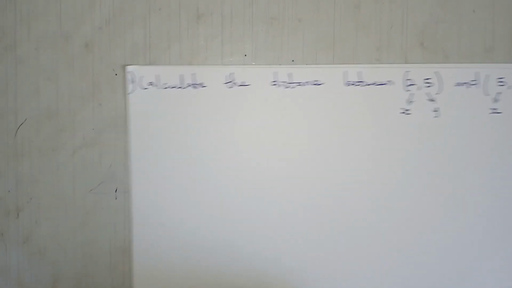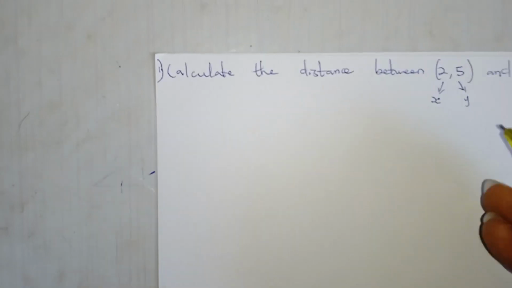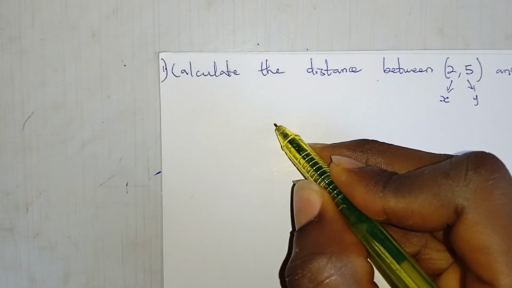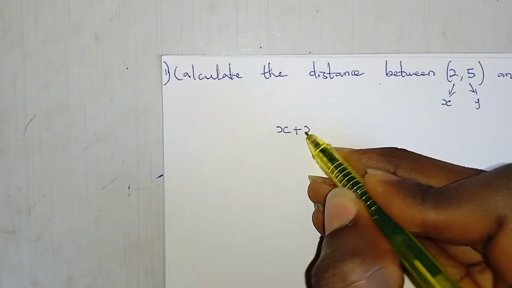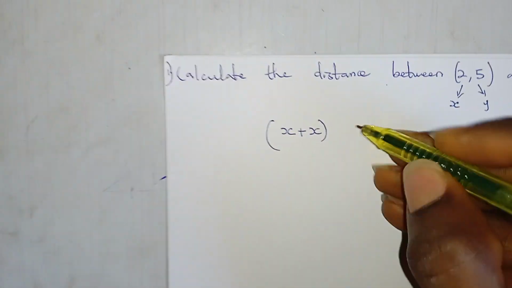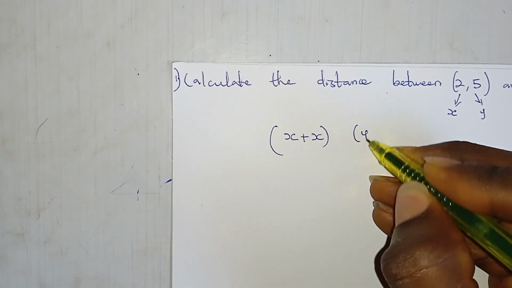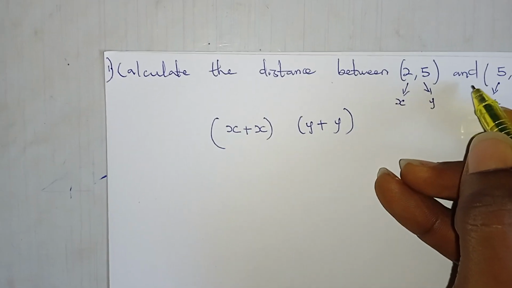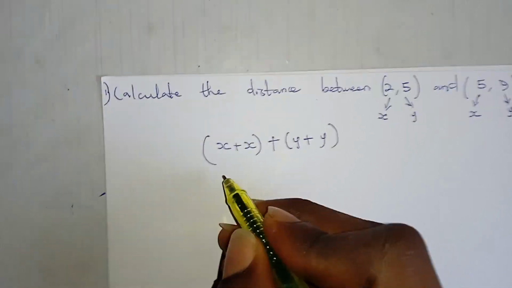Now, if that be the case, it simply means that this is the sentence saying x plus x, then y plus y. Then there's an "and" here, which means add.